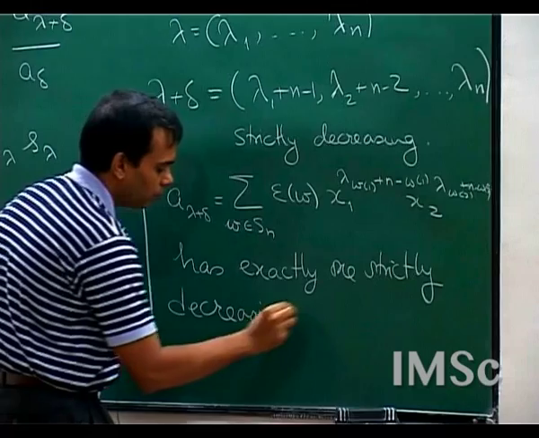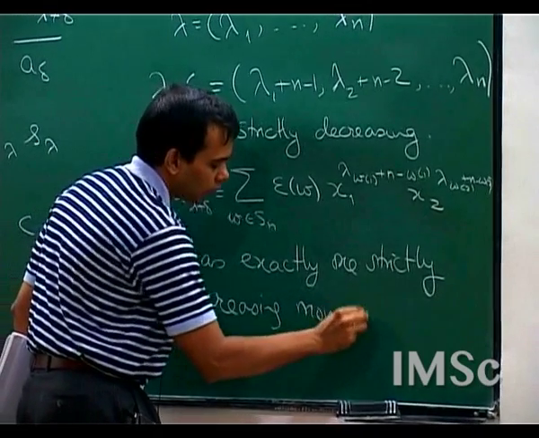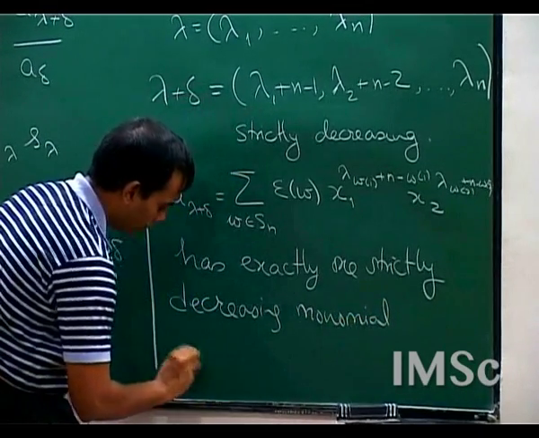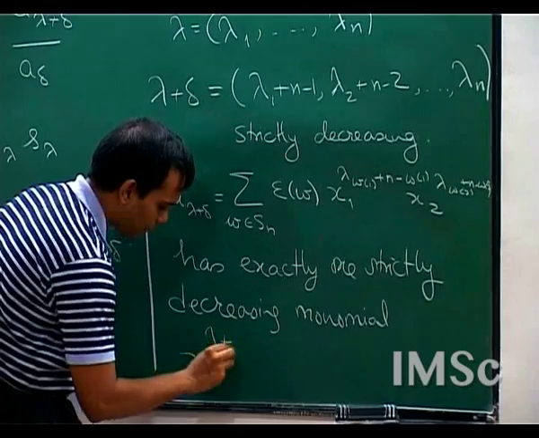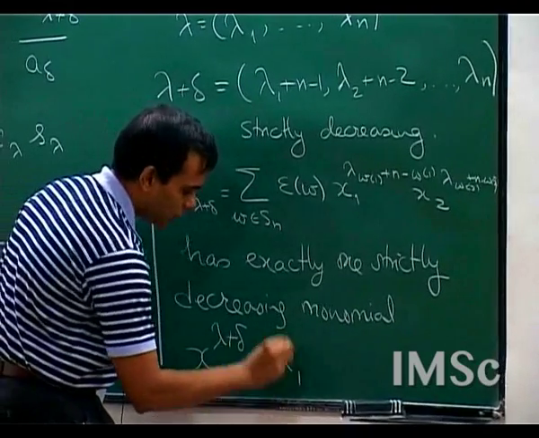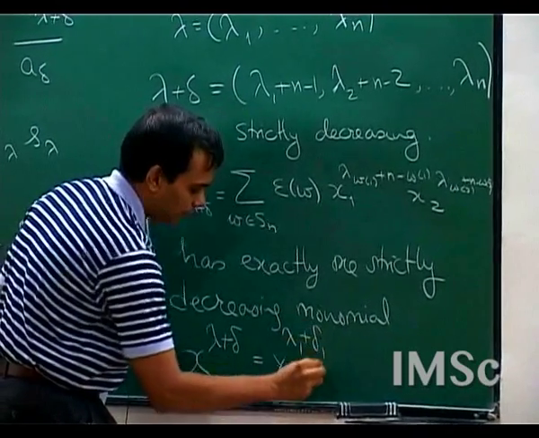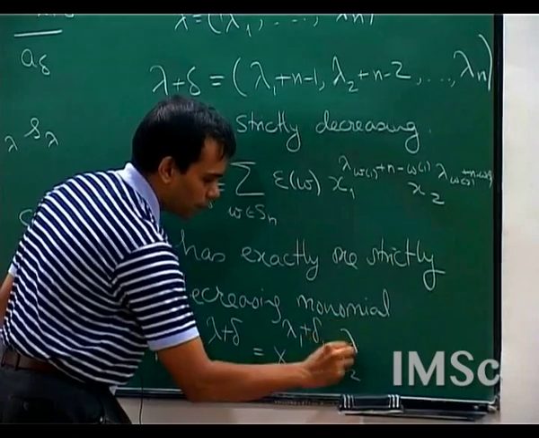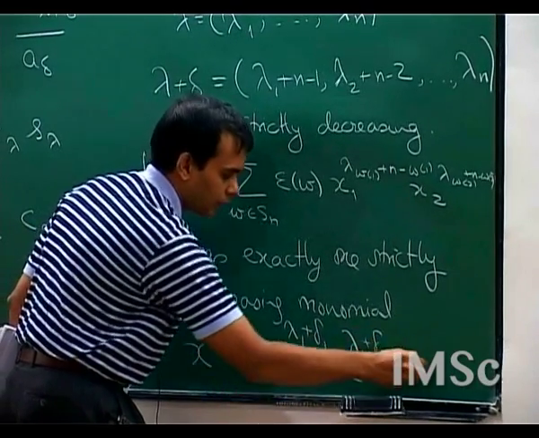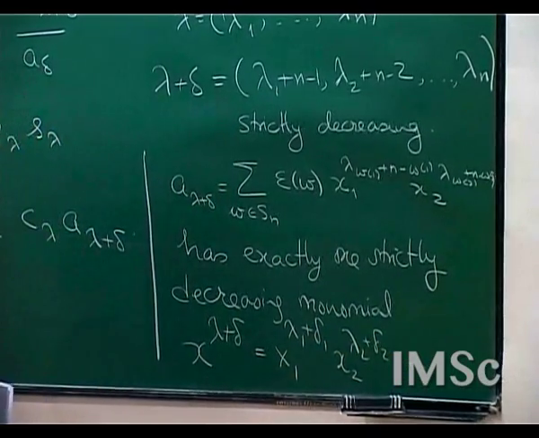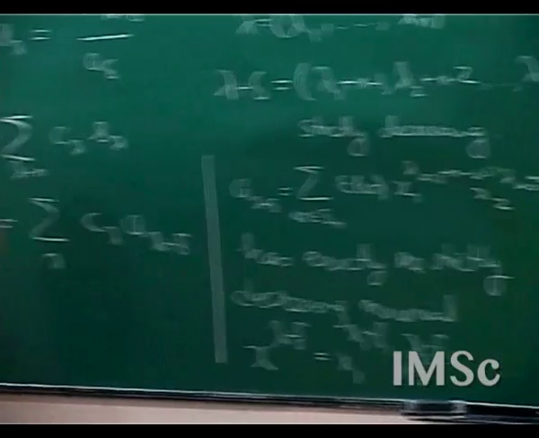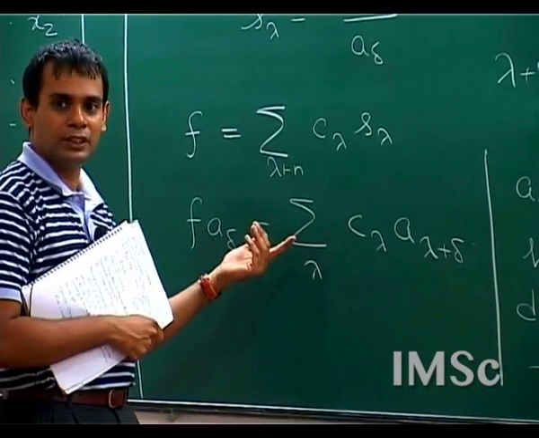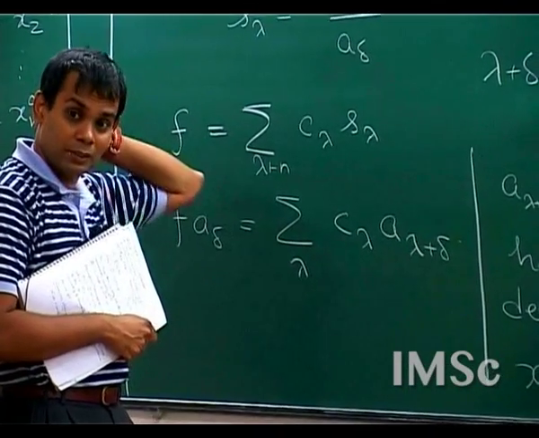And what is that monomial? That monomial is what I'll call x to the power lambda plus delta, which just means x1 to the power lambda 1 plus delta 1, x2 to the power lambda 2 plus delta 2, and so on. So that tells you how to read off coefficients of strictly decreasing monomials from here.